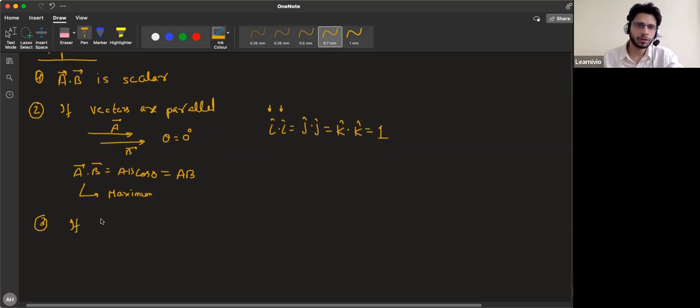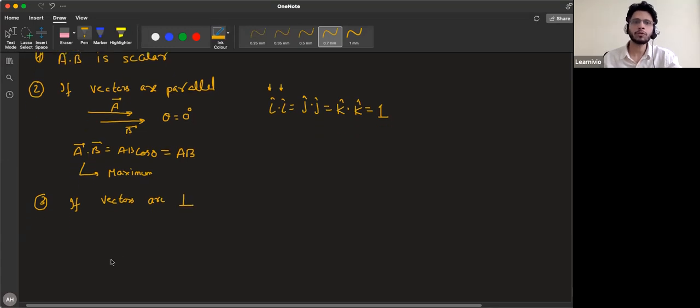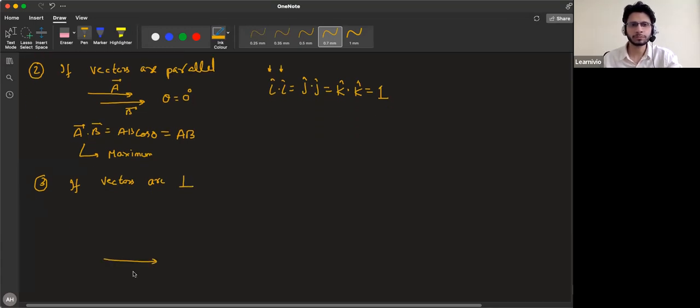Third one, if vectors are perpendicular. So if you have two vectors, one is vector A, another one is vector B, and they are perpendicular, and you want to calculate A dot B. So A dot B will be AB cos 90.